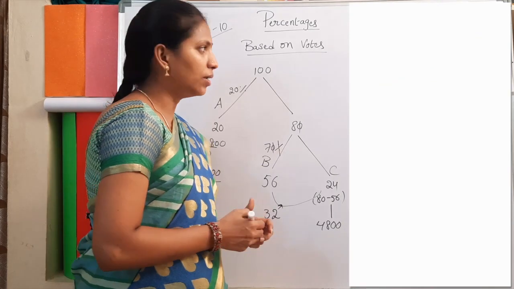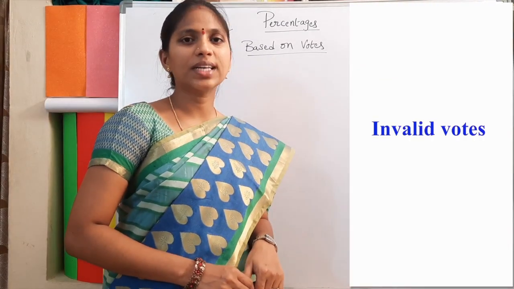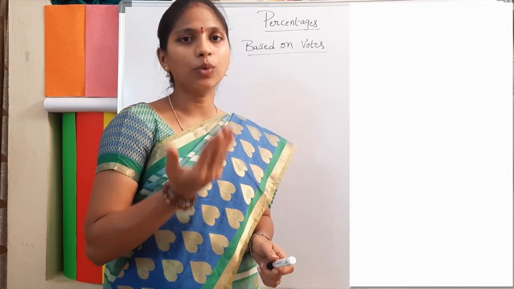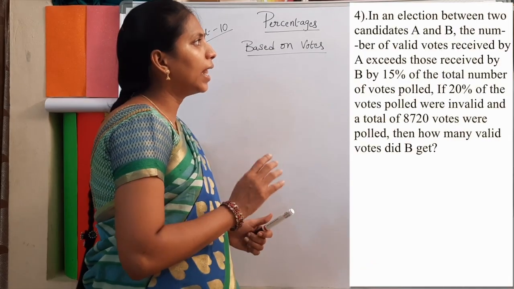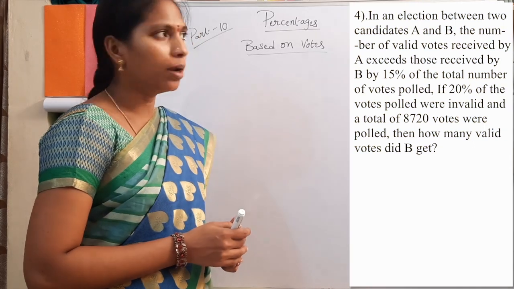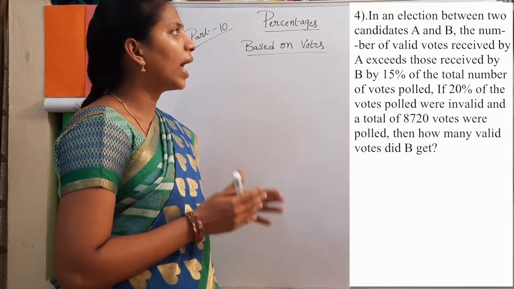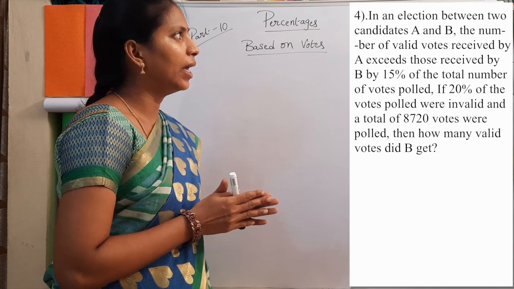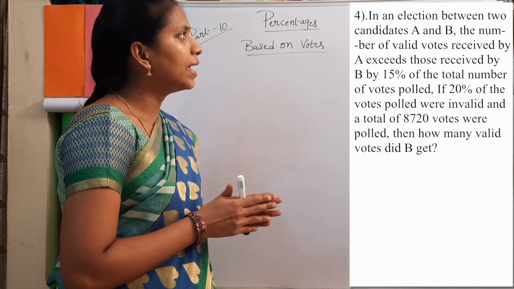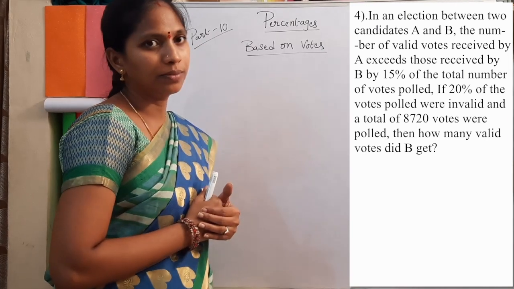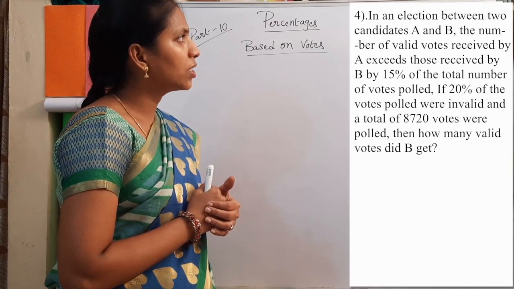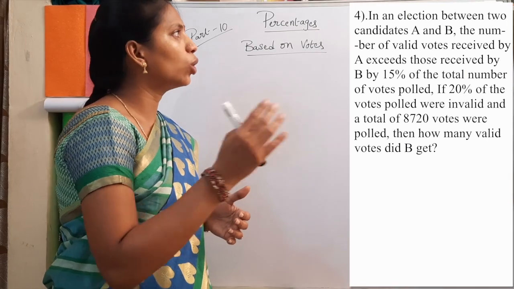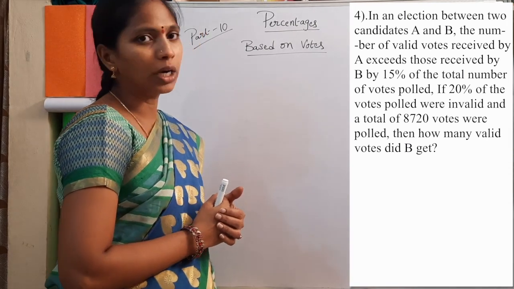Now the next question. The questions related to valid and invalid votes. Important concept. See, in an election between two candidates A and B, the number of valid votes received by A exceeds those received by B, means the difference between A and B is 15% of the total number of votes polled.